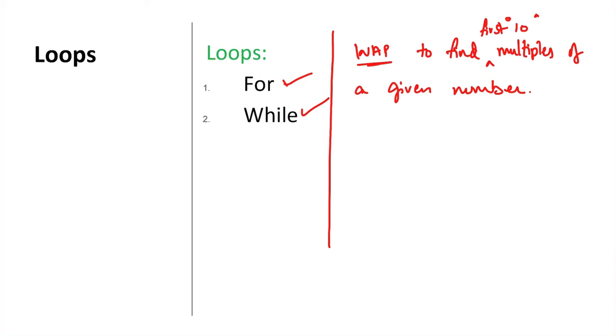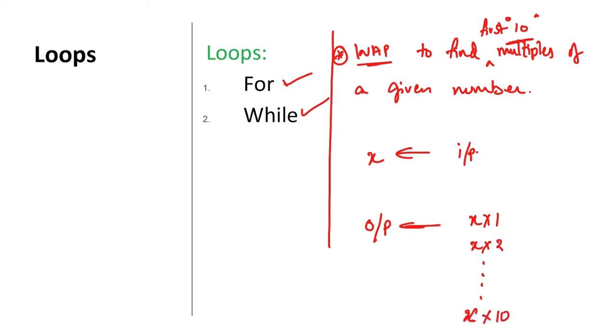This means we first take a number, let's say in a variable x, and then print the output as x into 1, x into 2, until x into 10. Basically it's asking for the first 10 multiples of a given number, x being the given number.